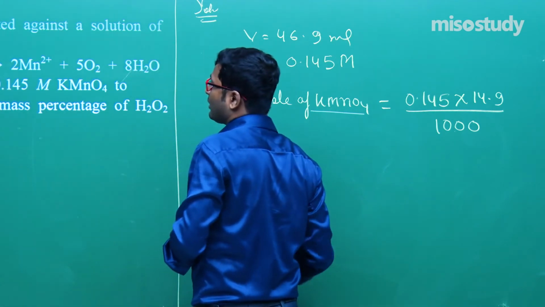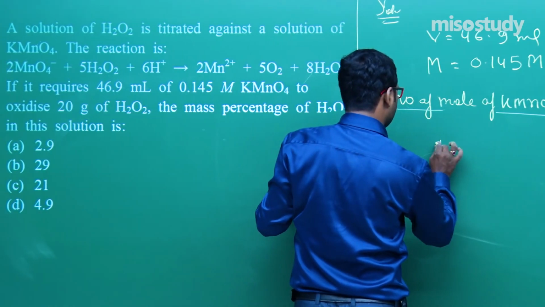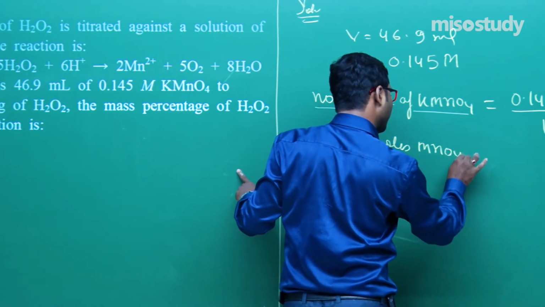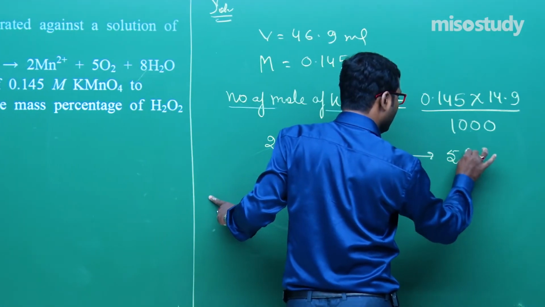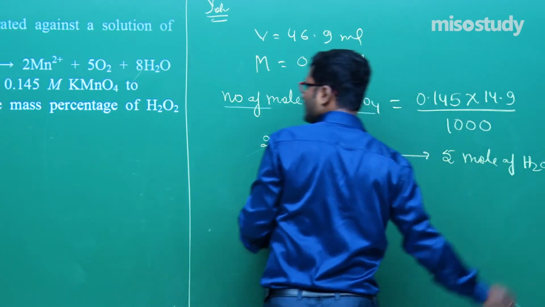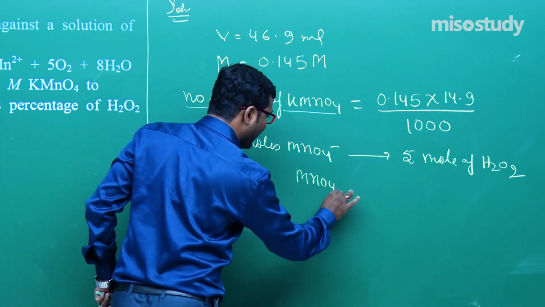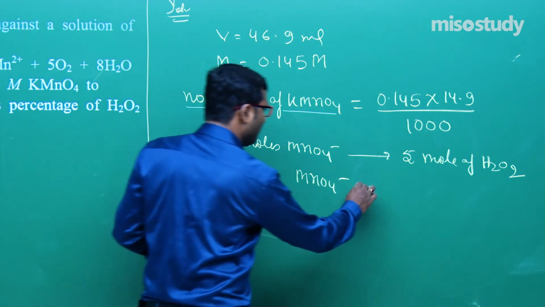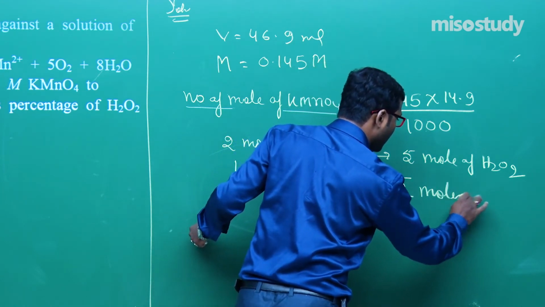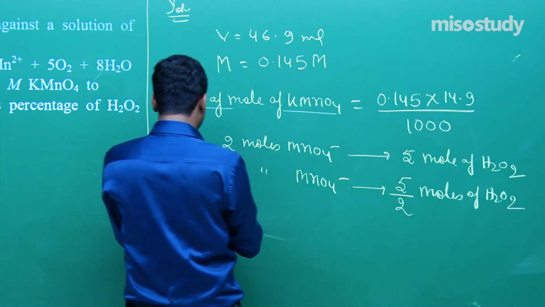We have to find the number of moles. Look at this: 2 moles of MnO4 minus combine with 5 moles of H2O2 according to the equation. Then 1 mole of MnO4 minus ion combines with 5 by 2 moles of H2O2. Now according to the question, how many moles are there?